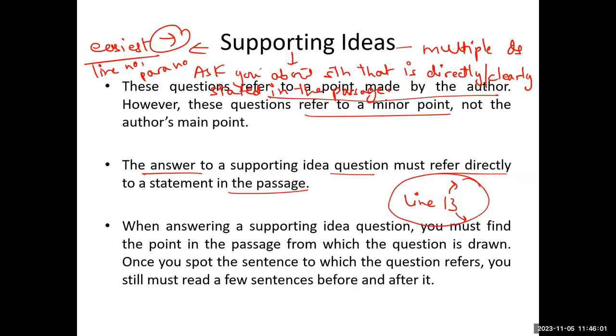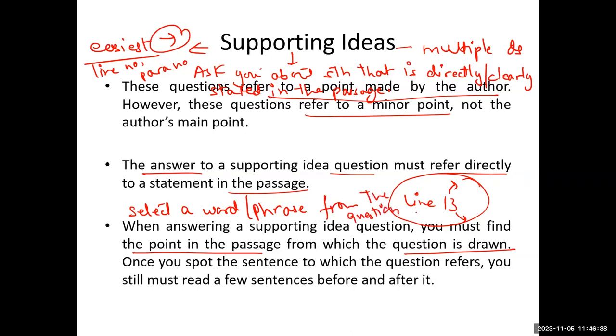Now, if they mention the line number, paragraph number, or if they give you an arrow, then it becomes very easy. Let's say you are in a situation where they don't do any of these things. Then how will you come to the answer? You will find the point in the passage from which the question is drawn by selecting a word or a phrase from the question.